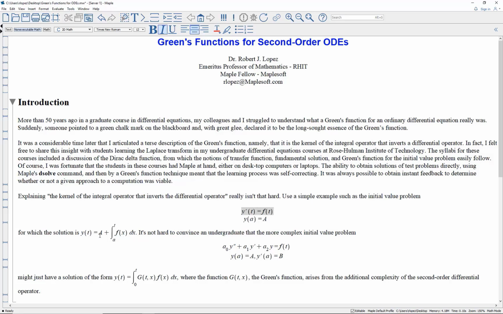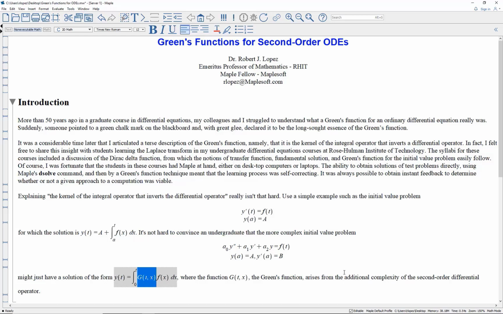You would obtain the solution by a simple integral. If you have a more complicated differential equation, then the integral is a little bit more complicated. It's complicated by the fact that it has this kernel, and that kernel is what the Green's function is.